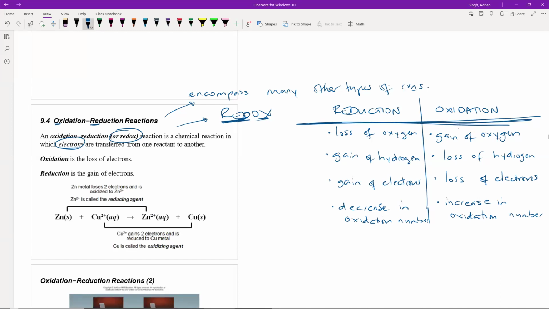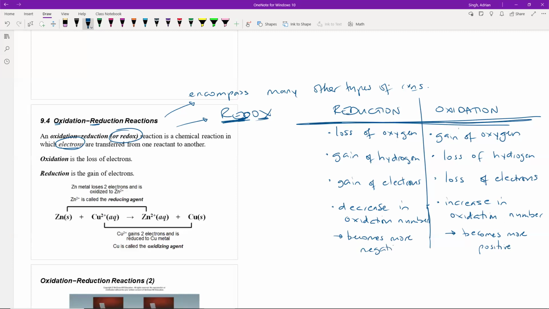Another way that we can interpret this, the last thing I'll say in the comparison, is an increase in oxidation number means that something is becoming more positive. Or if something is undergoing a decrease in oxidation number, we say it becomes more negative.